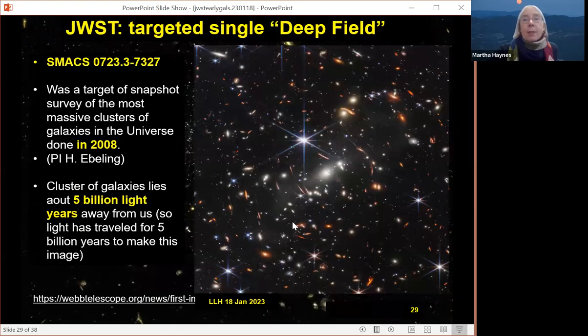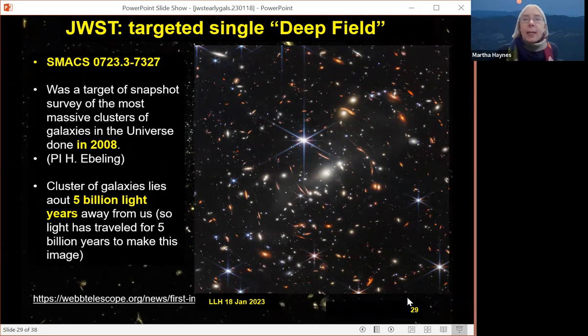So here's this image that I keep showing you, which is the targeted image, one of the first released images from Hubble that were released last June or July. It was the target of exposure by JWST specifically because it's already been studied by Hubble and by radio telescopes, X-ray telescopes.